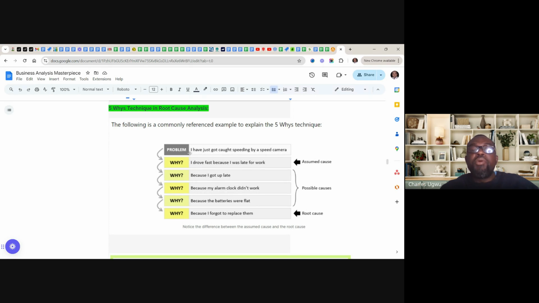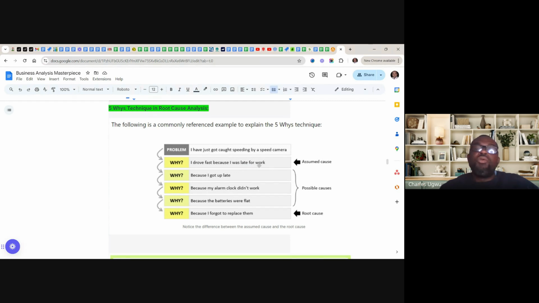The problem is I have just got caught speeding by a speed camera. That is the problem. And assume the cause: I drove fast because I was late for work.